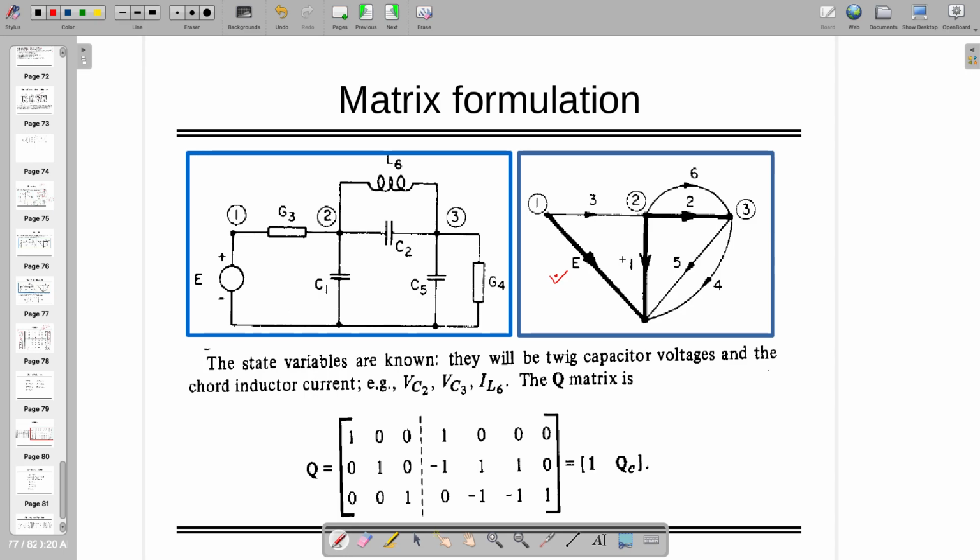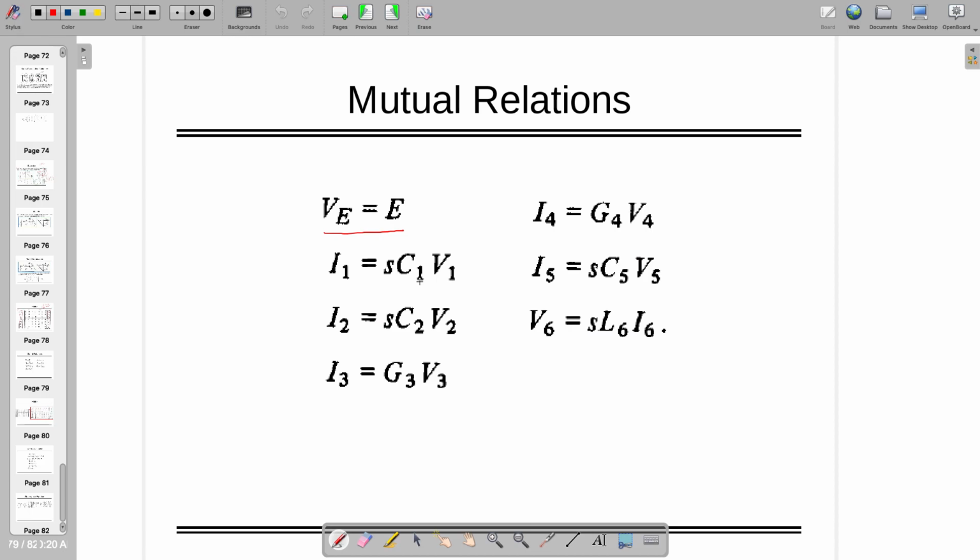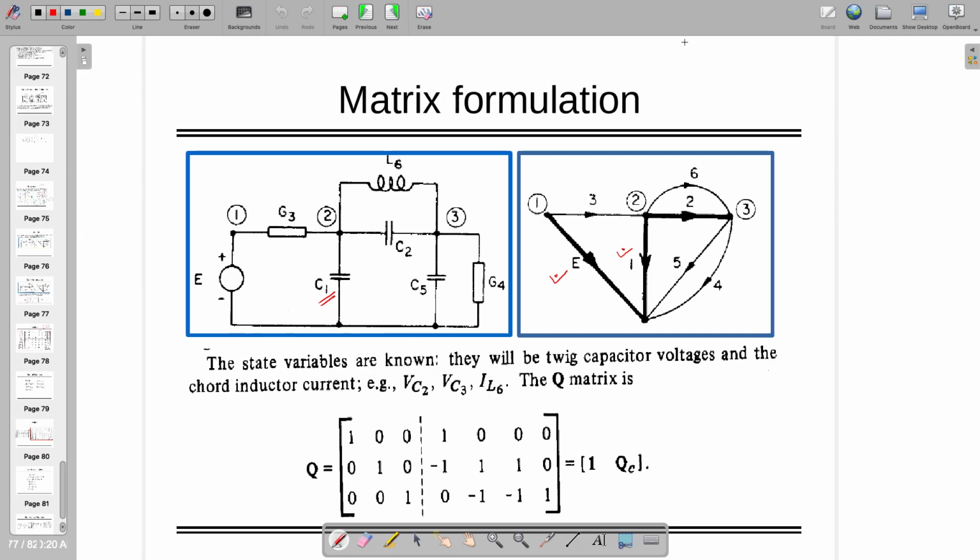Similarly, if I want to write down I1, it is equal to SC1 times V1. We are writing I1 because I just want to make sure that I'm going to get all the entries which are multiplied with the Laplace operator.